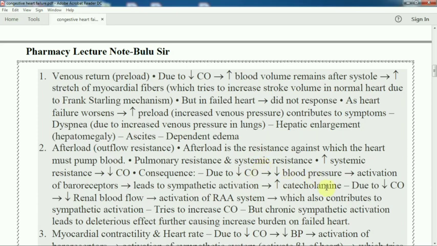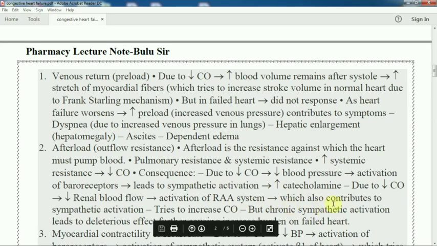Similarly, when the cardiac output decreases, renal blood flow decreases, meaning the supply of blood through the renal artery is decreased. So the renin-angiotensin system is activated, which also contributes to sympathetic activation and tries to increase the cardiac output.